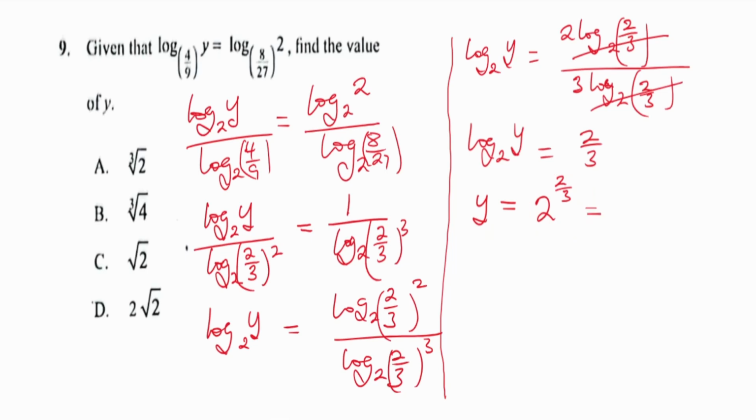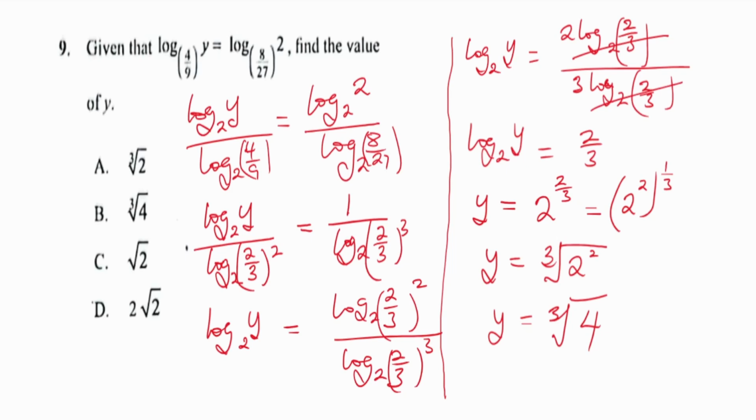It can be written as 2 squared, all exponent 1/3. And that means y will be equal to, you remember what we did in question 4, then that will be the same as cube root, for the exponent 1/3, of 2 squared, and then that gives us cube root of 4. And looking at the possible answers here, it means that is option B.